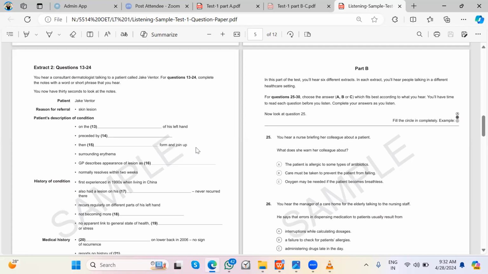I've been getting it for years. I actually got it the first time when I was in China in the 1990s. I had a job there for a couple of years before I came back here. That first time, I also had a similar sore on my chest, but that's never come back. But the one on my hand comes back every year or so, but never in exactly the same place.